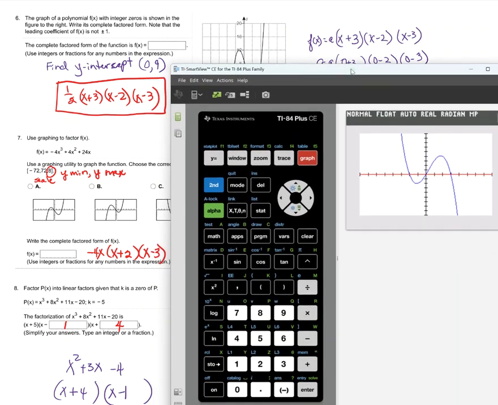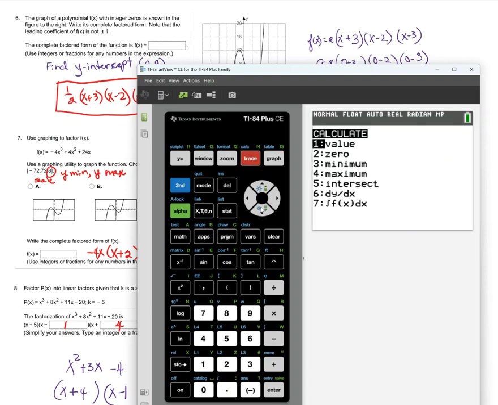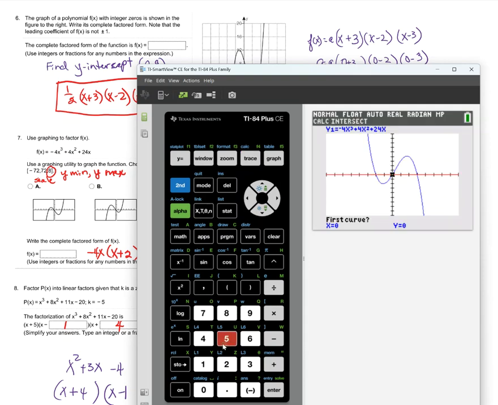And write the complete factored form. Well, we need these zeros. Now, we could probably see this is negative 2, 0, and 3. But if you didn't, remember that you'll just do second calc 5 for intersect and enter. You'll get 1, and then you'll do the others. So that should be pretty clear.